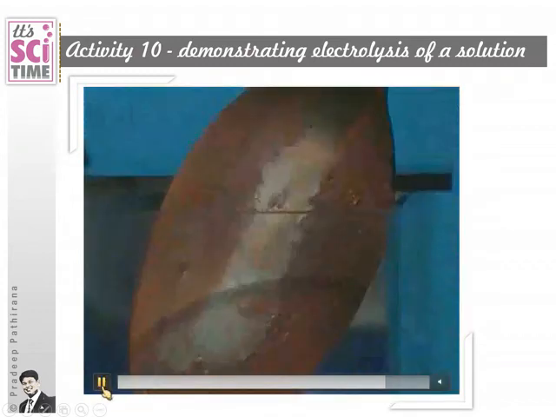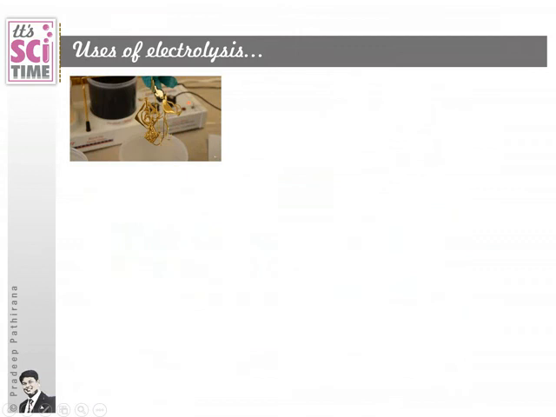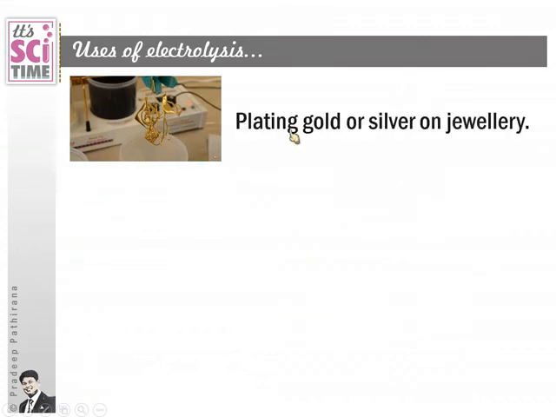What are the applications of this? See the uses of electrolysis. Number one, a very common thing: you can see these are some jewelries. After making jewelries from copper, some people plate them with gold or silver, calling them imitation jewelries. This is one application of electrolysis.